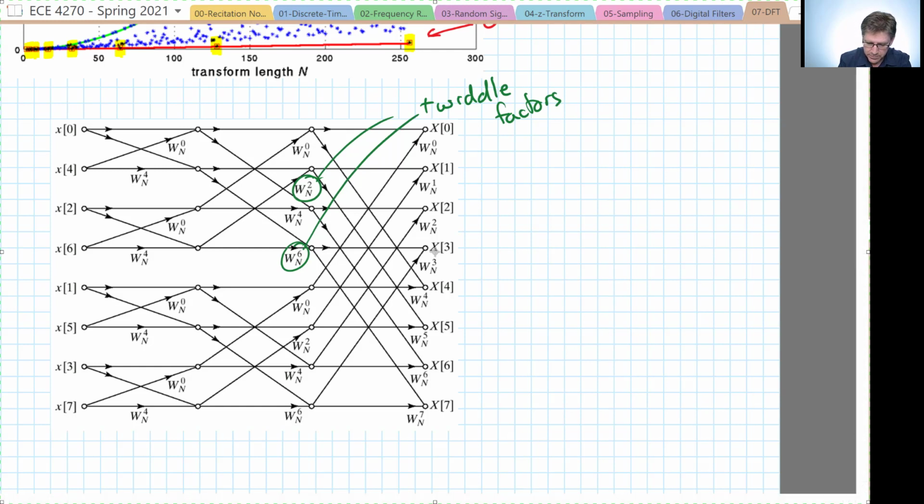Second, each of these butterflies is kind of interesting in that it takes 2 values, and it was drawn this way very intentionally. It operates on those 2 values, and then it stores them back in the same location. So this is computation in place.